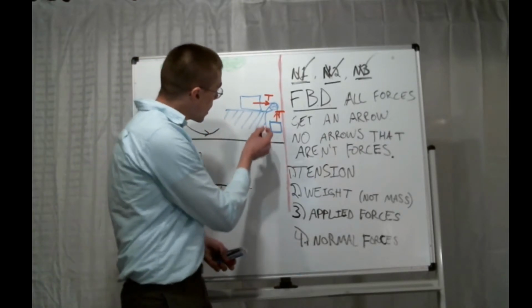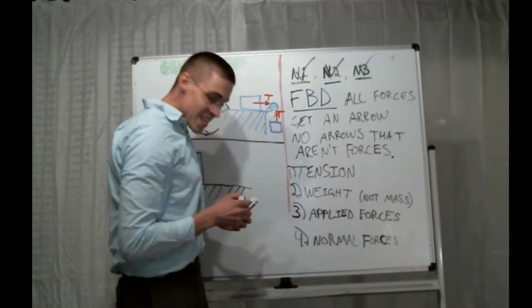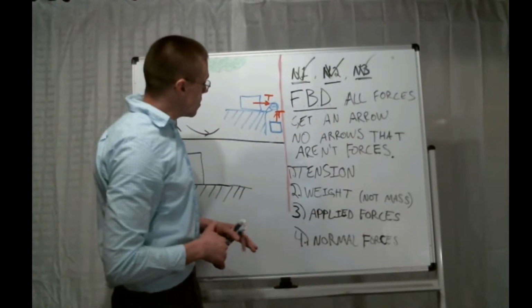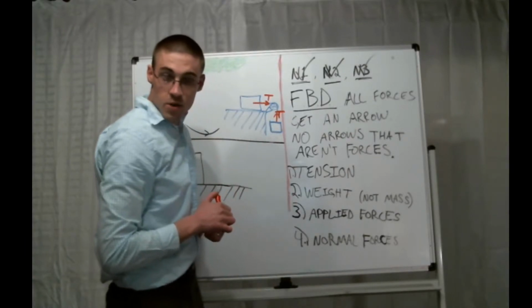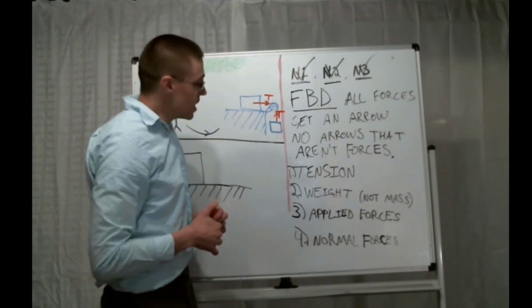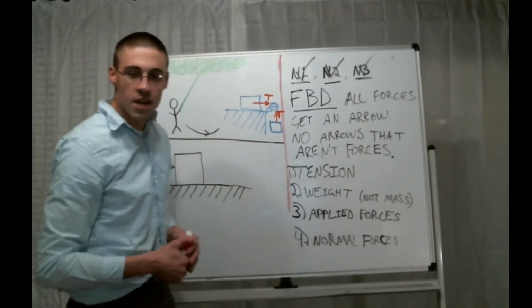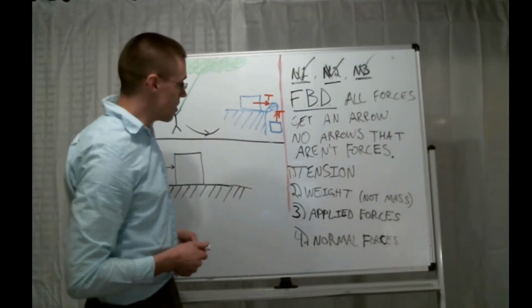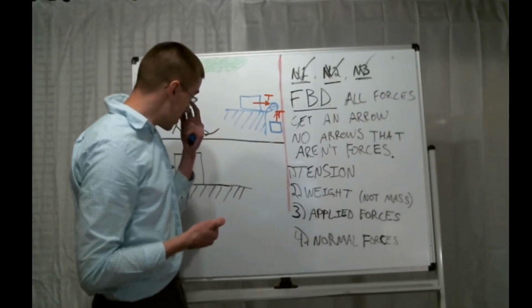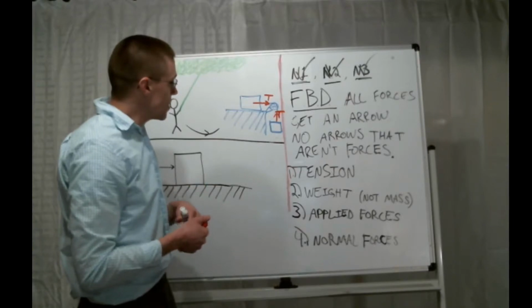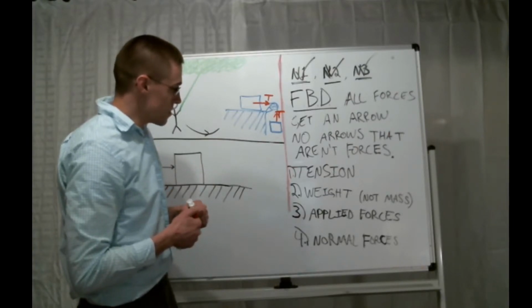And so long as the pulley is massless, an ideal pulley, then those two tension forces are going to be exactly the same. Okay, so this is important. Massless strings and ideal pulleys are the things that serve to redirect these forces, and they show up a lot in our problems.